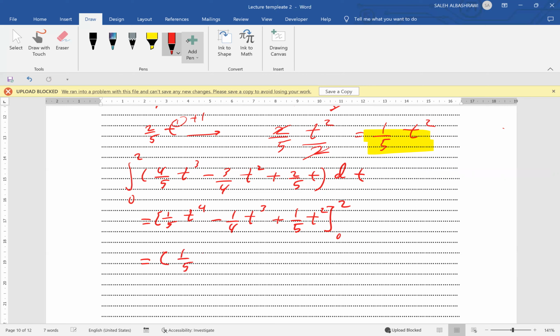So this is equal to 1 over 5 multiplied by 2 to power 4 minus 1 over 4 2 to power 3 plus 1 over 5 multiplied by 2 to power 2, minus, now replace t by 0, it will be 0 minus 0 plus 0. I just take this 0 and plug it in the t. I will have 0, 0, 0 for the lower limit.